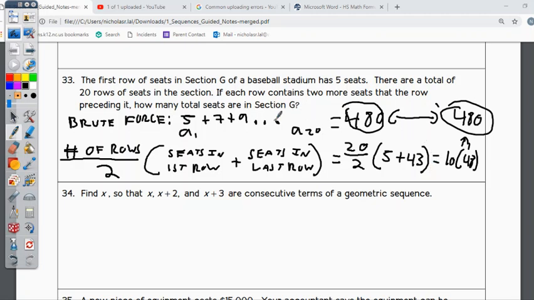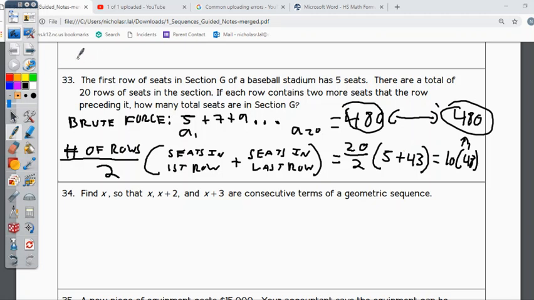So when I brute force, remember, I just added 2 till I got to the 20th term, and that was 43. Because in this case, that was the 20th term. But what we could also do is that when we have the first term and the common difference, you can find A20.